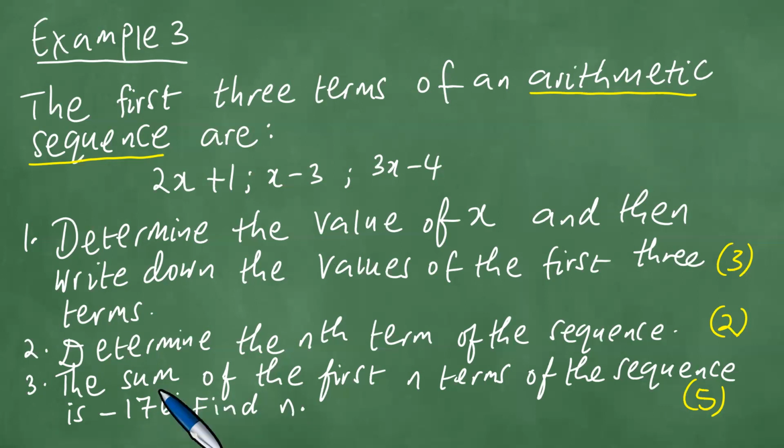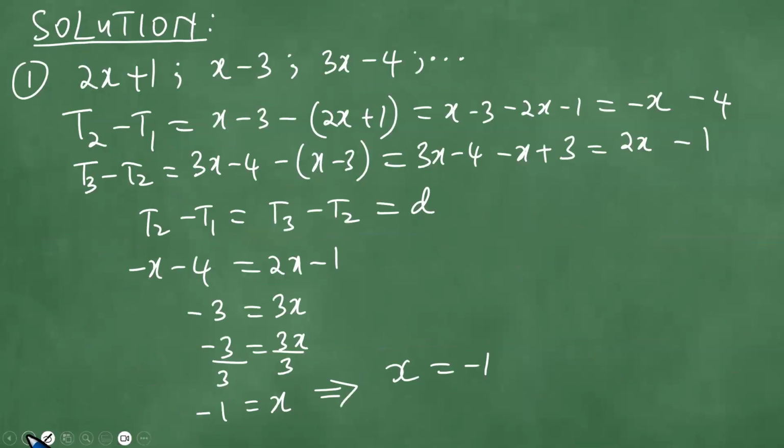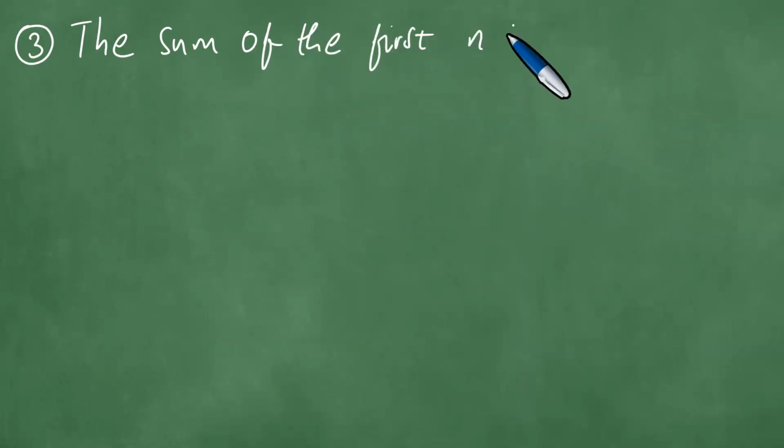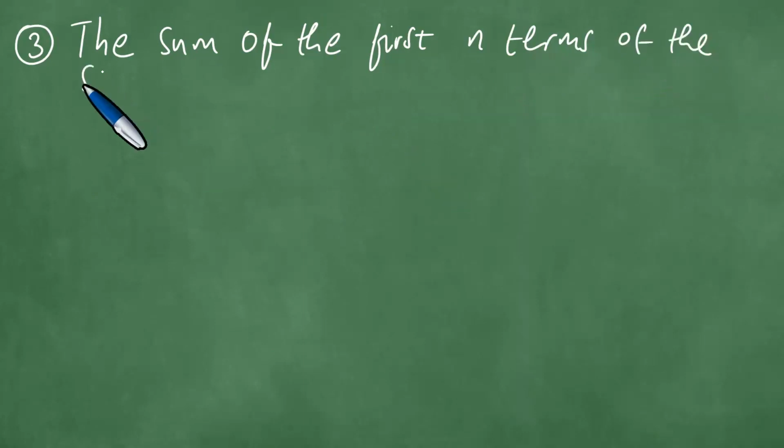So in number 3, they're telling us that if we add all of the terms, the sum of the first n terms of the sequence is -176. Find n.